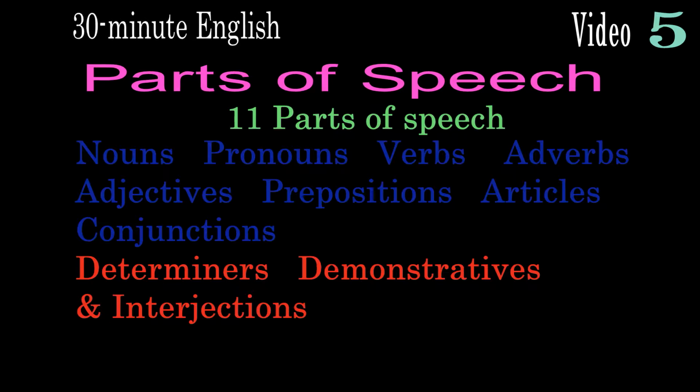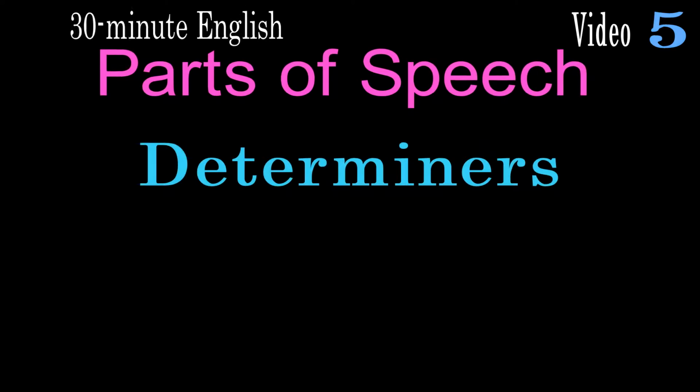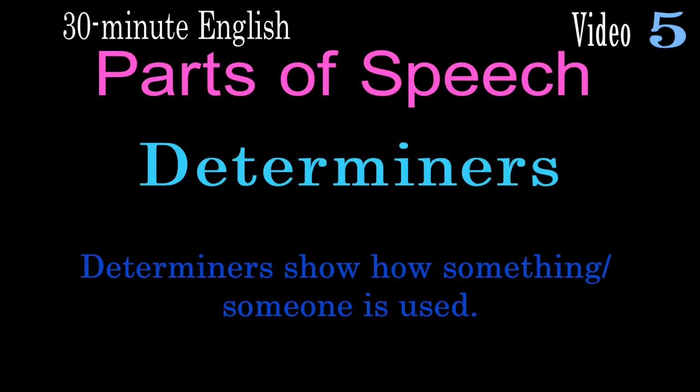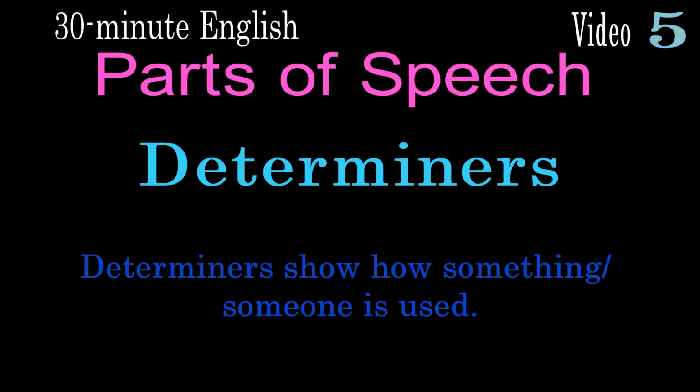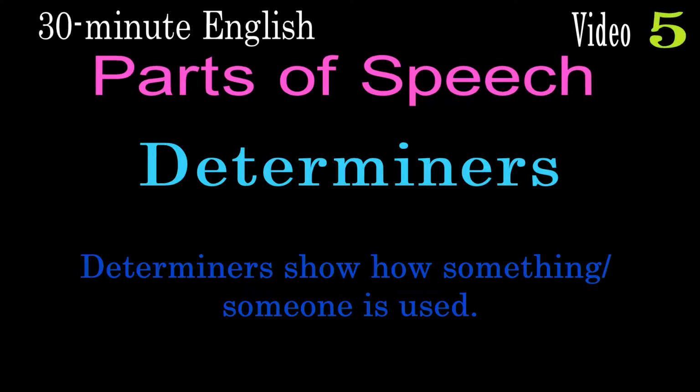Let's have a brief discussion on the other 3 parts today. They are determinants, demonstratives, and finally interjections. What is meant by determinants? Determinants are the words we use to indicate how something or someone is used.